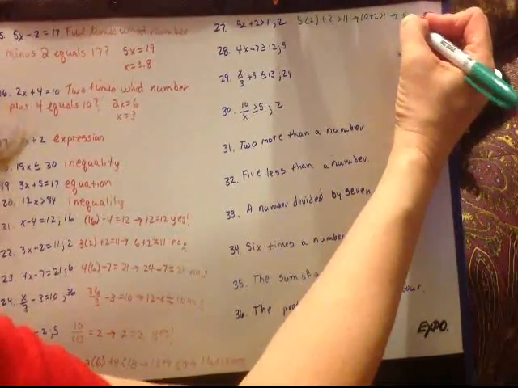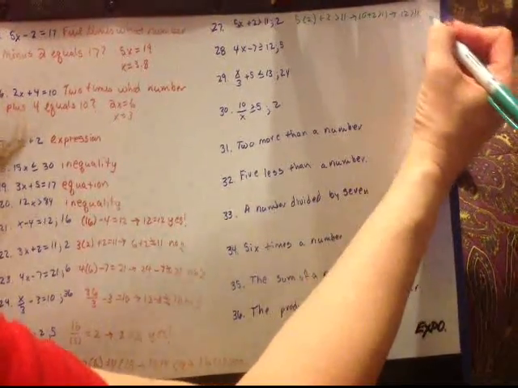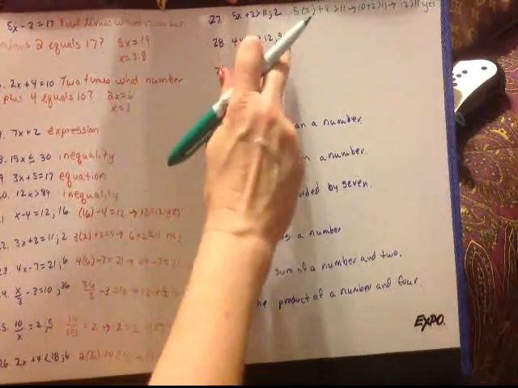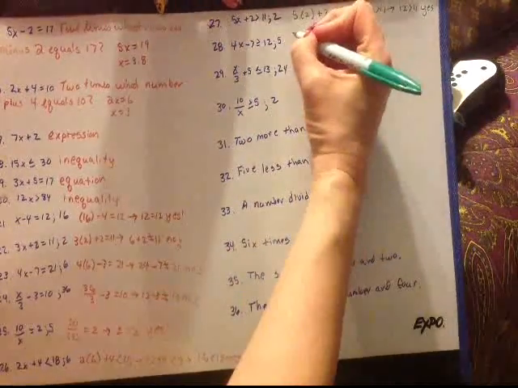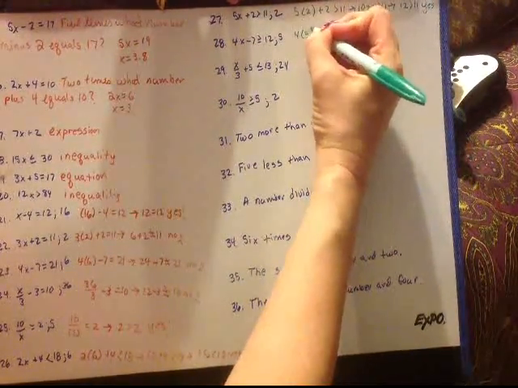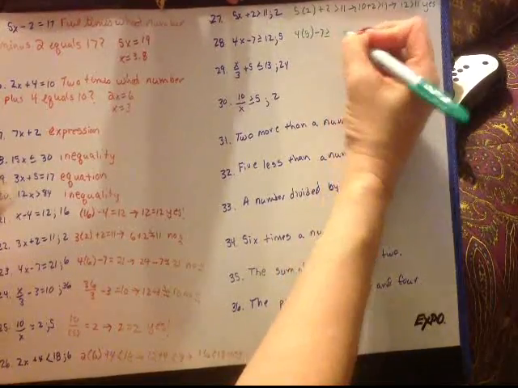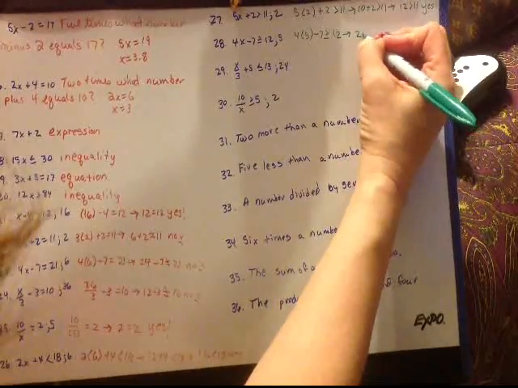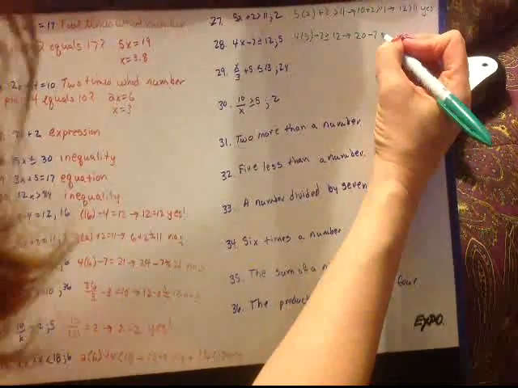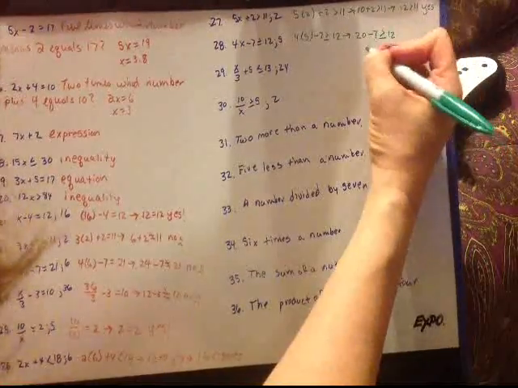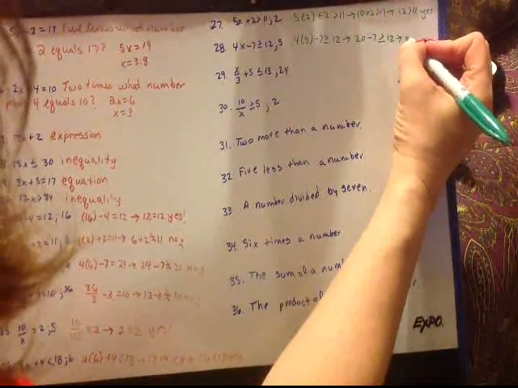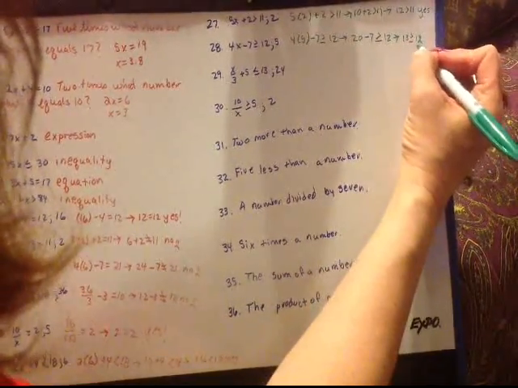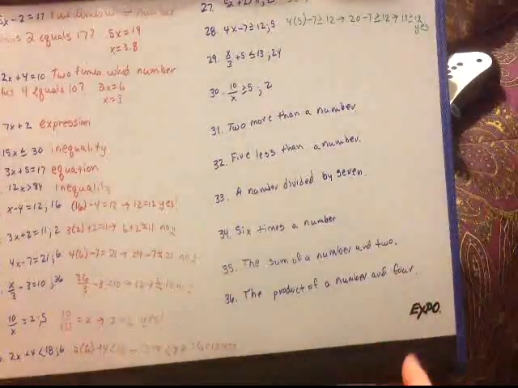Yes, indeed. 10 plus 2 is 12, and 12 is greater than 11, so yes. 28. 5 is the number we're going to substitute in for x. 4 times 5 minus 7 is greater than or equal to 12. 4 times 5 is 20 minus 7 is greater than or equal to 12, and that is true. 20 minus 7 is 13, and 13 is greater than or equal to 12. Yes.